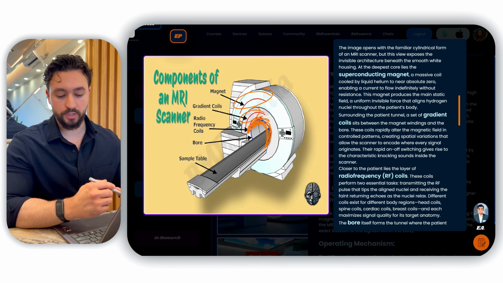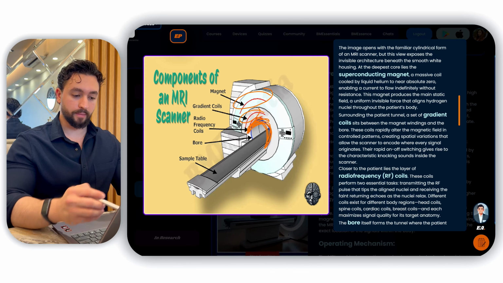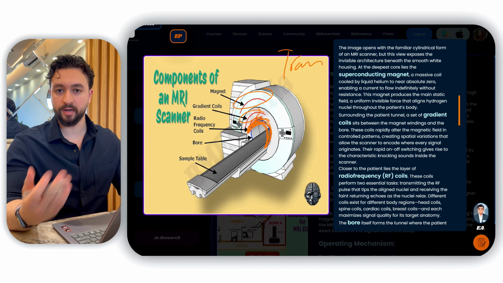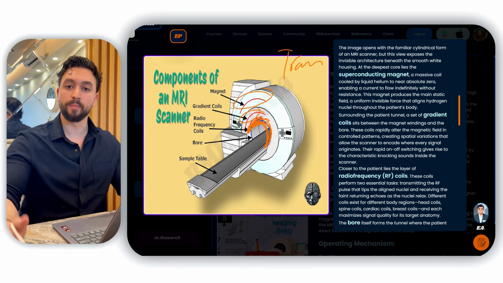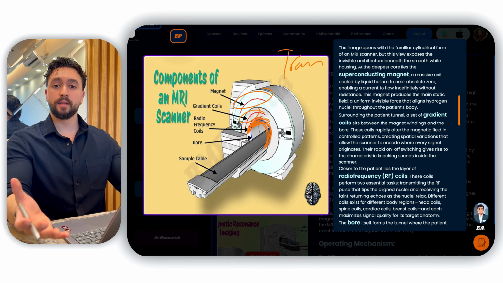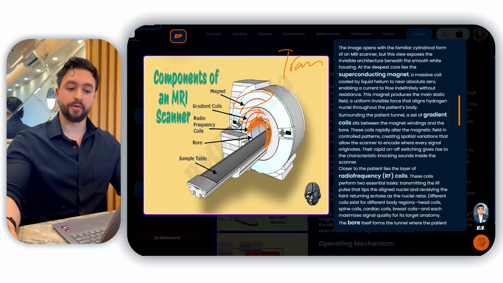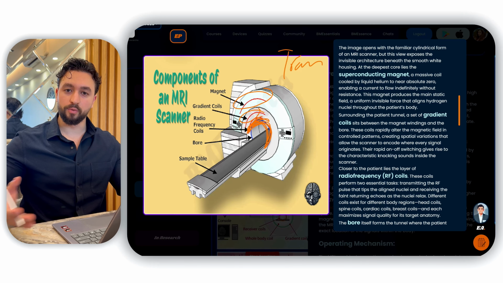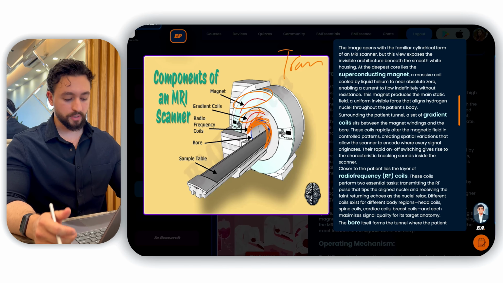Now, what the radio frequency coils do is two specific things. They are transmitter radio frequency coils, so they transmit and fire RF at a specific frequency that needs to match the precessional frequency of the proton spins, and then they receive the echoes or the signals that are created after the gradient coils have actually worked and have given us the specific location of every single proton spin in order for the system to create an image.